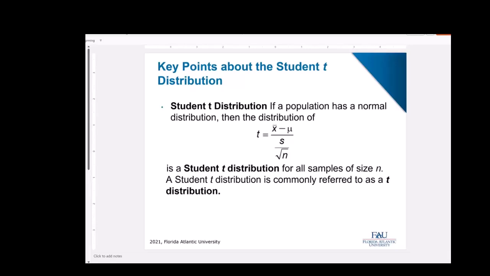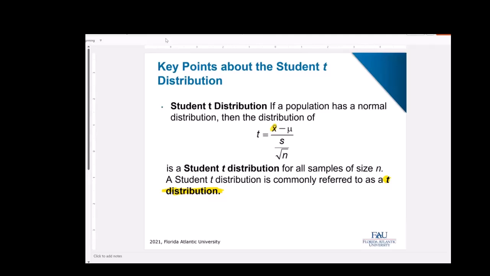Now, there's some key points about this student t-distribution. A student t-distribution is commonly referred to as a t-distribution. And you'll see that we're using the t-distribution in StatCrunch. If a population has a normal distribution, then the distribution of t is equal to the sample mean minus the population mean.